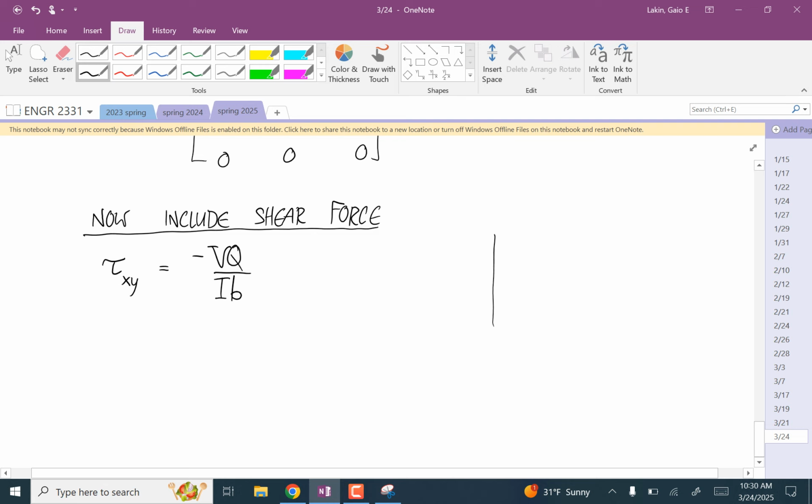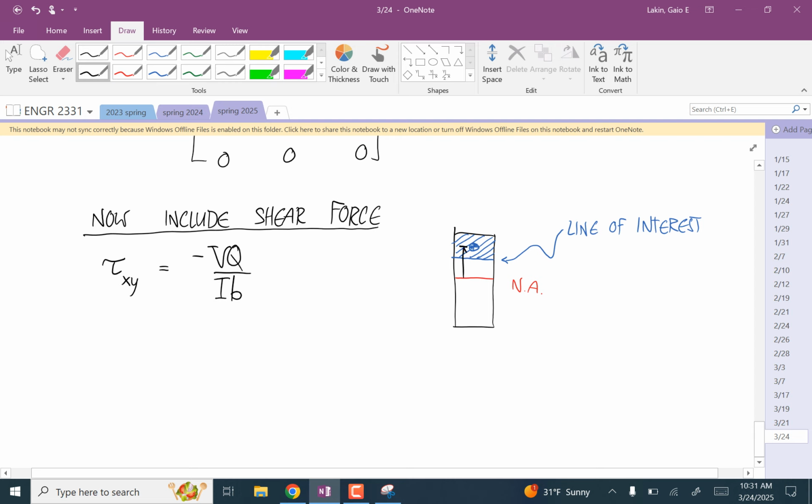And what's the meaning of Q? If this is the neutral axis, and this is the line of interest, then find the centroid above the line of interest or below. Calculate the area above the line of interest.